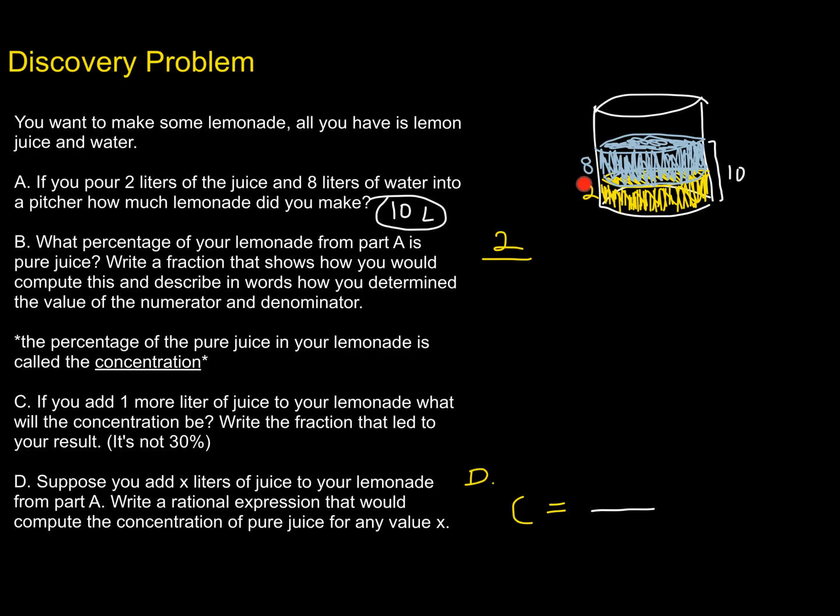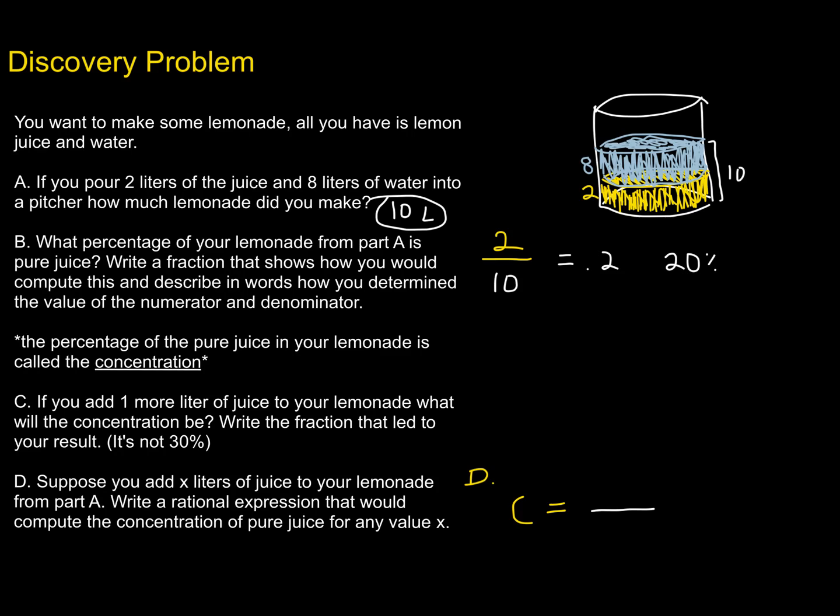I might be tempted to put 8, but really the total amount of lemonade is 10. It's 8 plus 2. So this represents the amount of pure juice, and this represents the total amount of liquid. This will give us 0.2, which is equivalent to 20%.